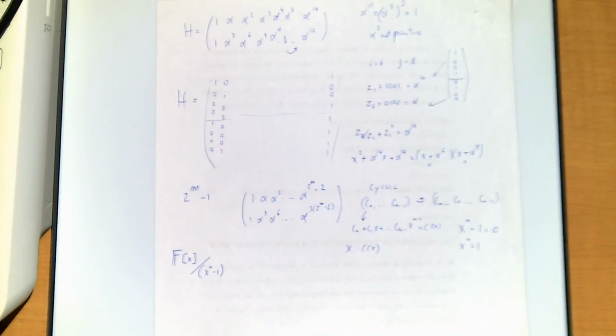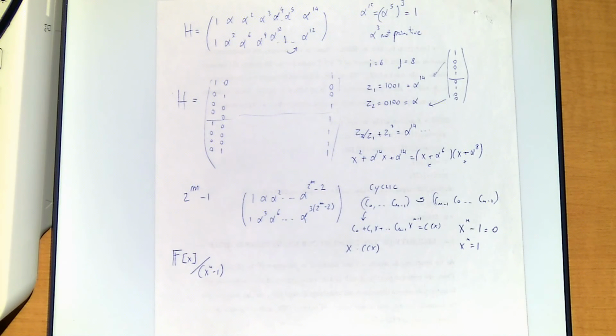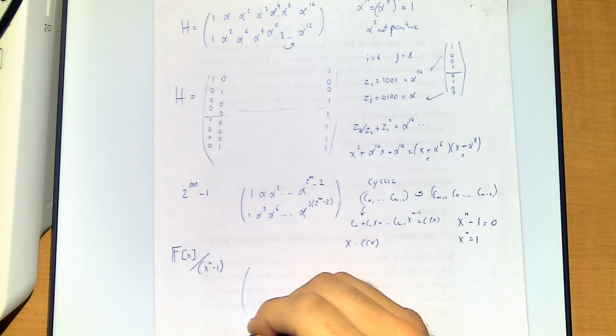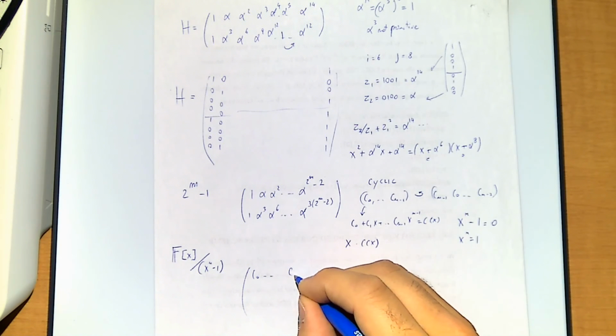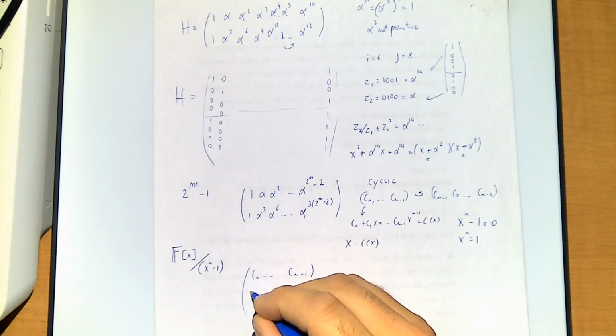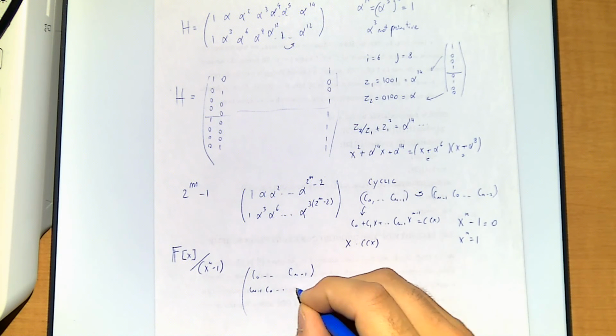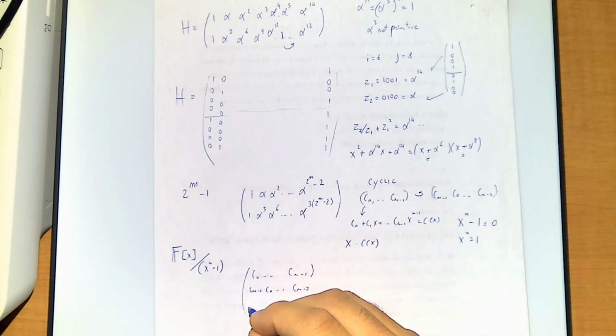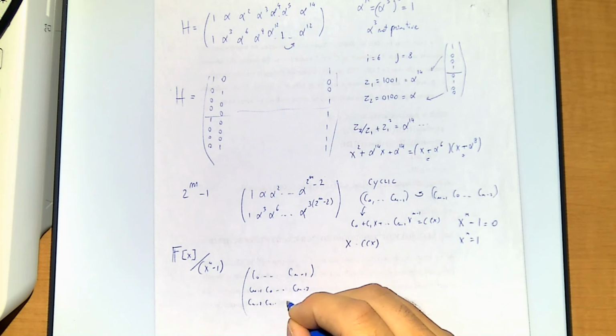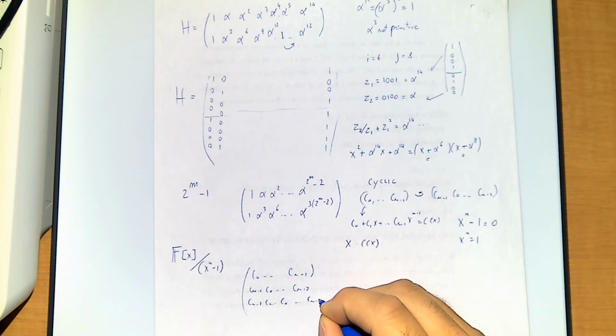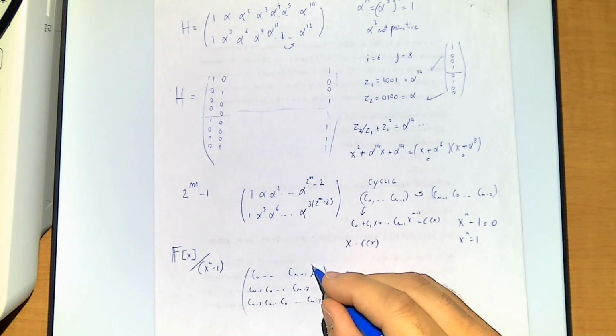So that makes sense why you get the circular form, because you have the first row, then the second row is multiplied by x, then the first by x squared, and so on, and then you get all the shifts. And so your generator matrix is going to look like c0, c(n-1), and then c(n-1), c0, c(n-2), and then c(n-2), c(n-1), c0, c(n-3), right? And you get your matrix in this way.